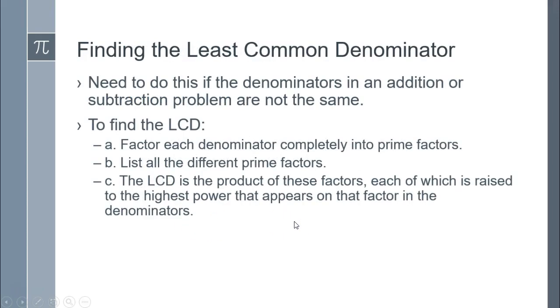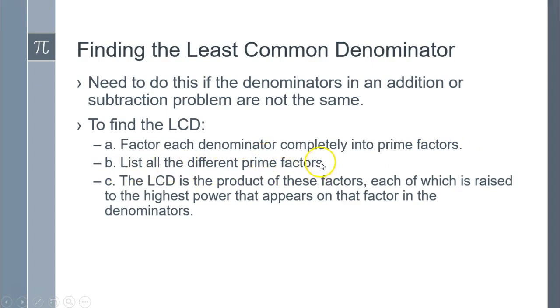It becomes more complicated when there's not already a common denominator, because you have to make the problem into one with a common denominator first. To find the least common denominator of a set of algebraic fractions, you factor each denominator into prime factors. That's no different than when you do it with numbers.